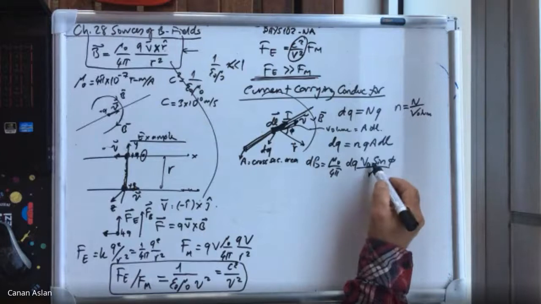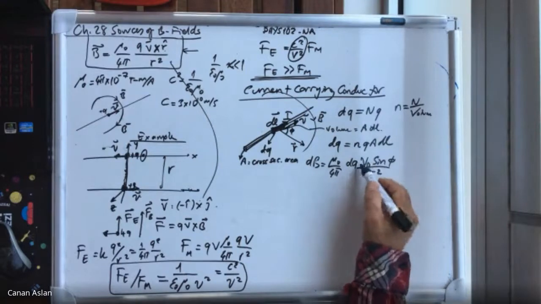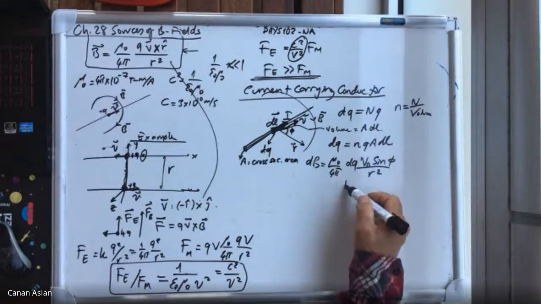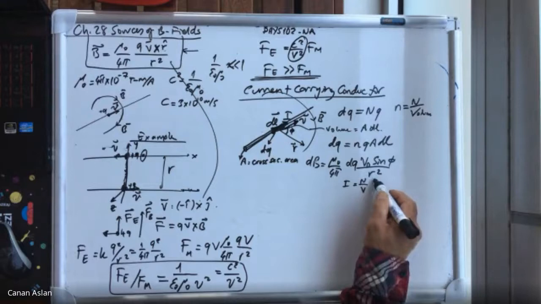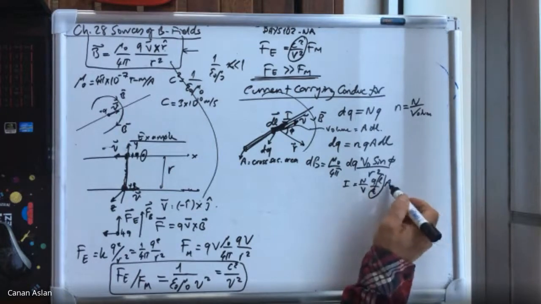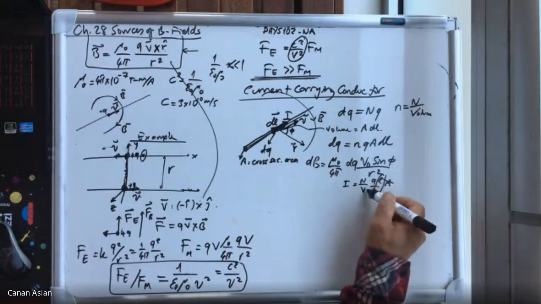Now, if we include these things, and also say that dq is given by nqA dl, we see that the current is just n over V, q over t, L over t is the velocity, q there, and area. This L over t with q gives you current, and LA gives you volume, which cancels that.